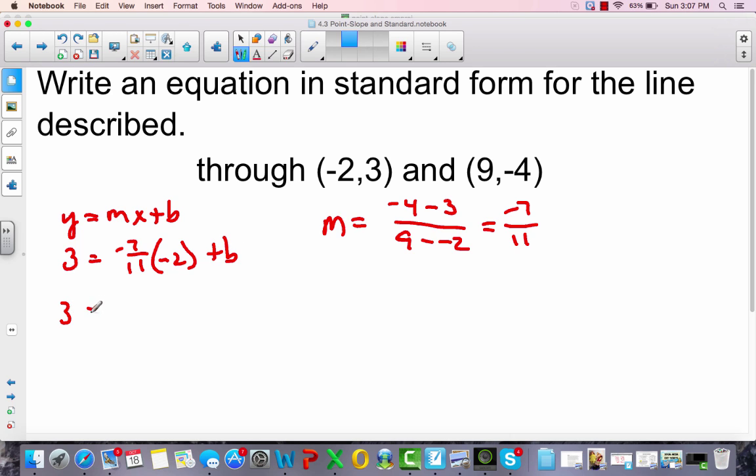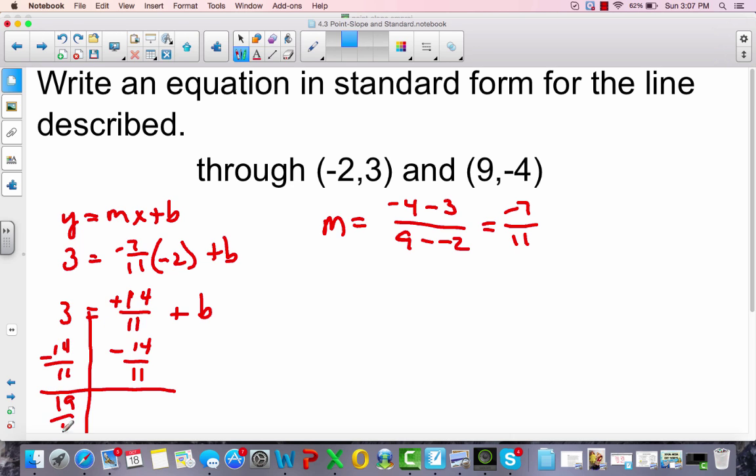So that gives us 3 equals, oops, positive, because it's negative times negative, 14 over 11 plus b. Let's do this. Okay, minus 14 over 11, minus 14 over 11. 3 is 33 over 11. So 33 minus 14 gives us 19 over 11 equals b.